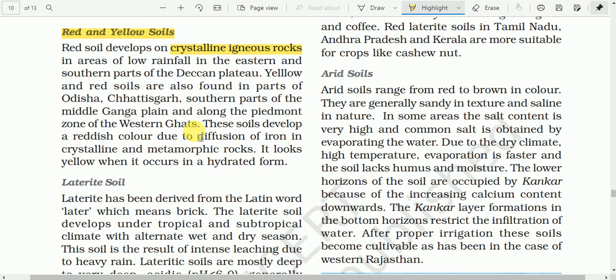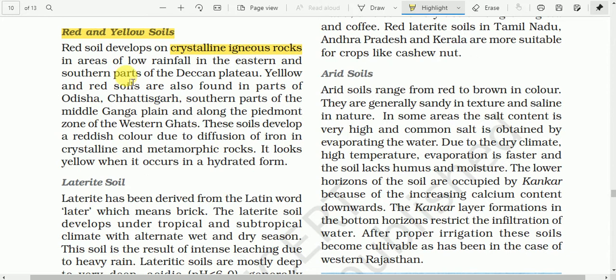And what are igneous rocks? You have learned earlier in the previous classes. Can any one of you tell me what are igneous rocks? See, igneous rocks are the rocks formed after cooling lava, the hot molten material or the magma.